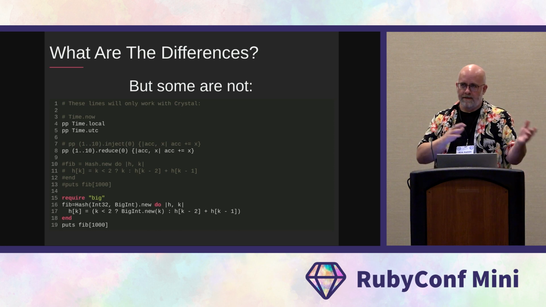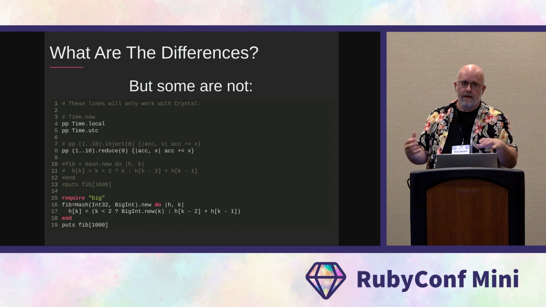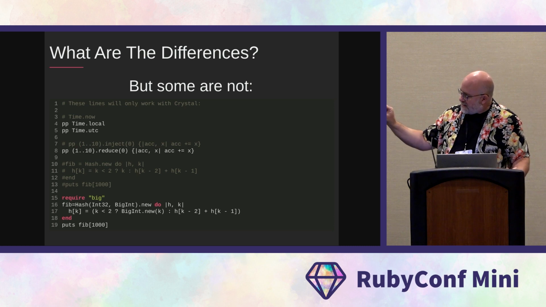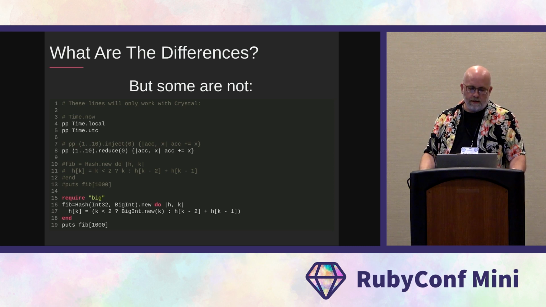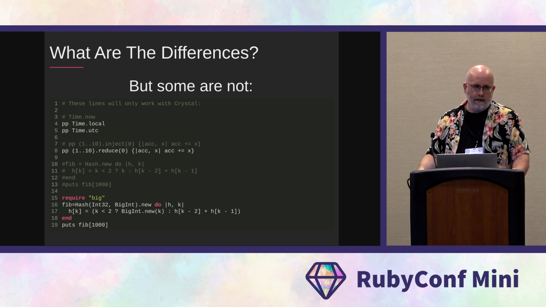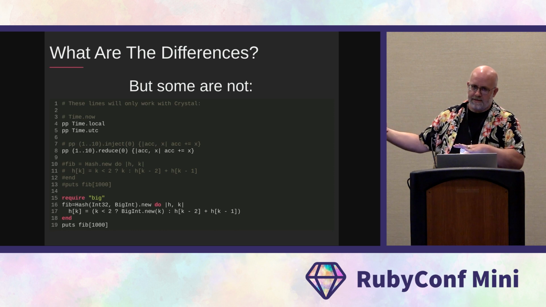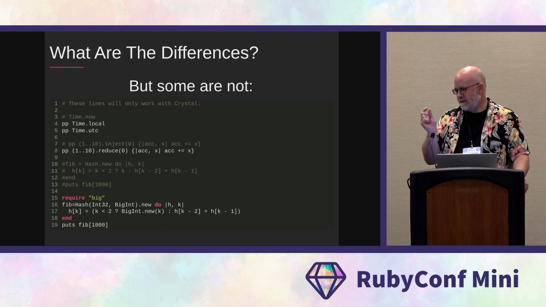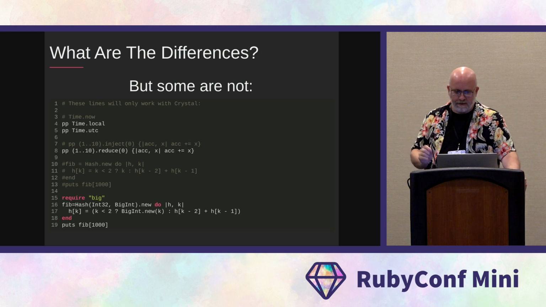Crystal doesn't do any of that automatic casting. So in order to implement this in a nice, tight, terse way in Crystal, we just use big int right from the beginning and avoid that issue of casting. So you can see the code's almost the same, but just that little bit of typing difference in there.